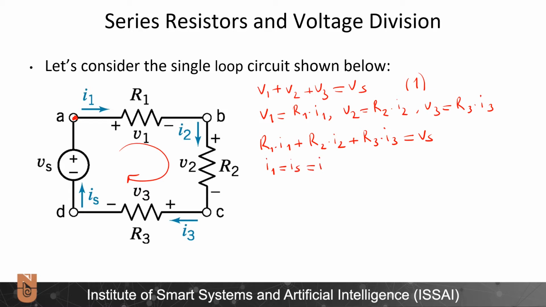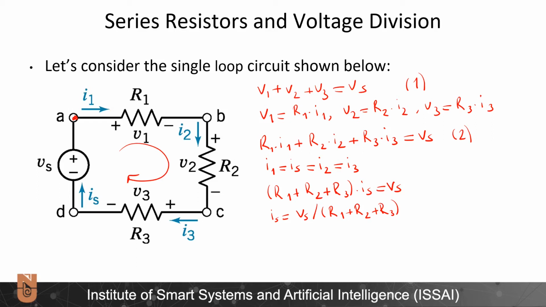Similarly, I2 is equal to I1. And similarly, I3 is equal to I2. So then I can write equation 2 as R1 plus R2 plus R3 times Is is equal to Vs. Accordingly, Is is equal to Vs divided by the sum of the resistors.